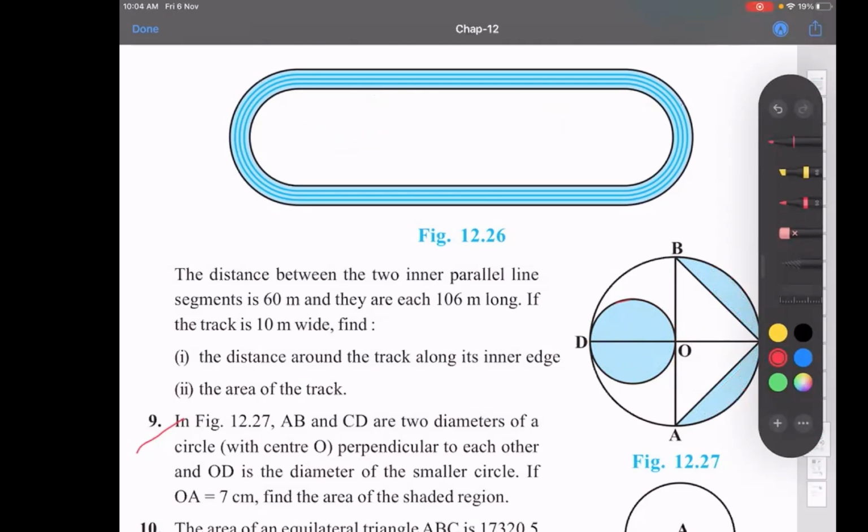So the area of the shaded region is equal to area of semicircle minus area of triangle plus area of circle.